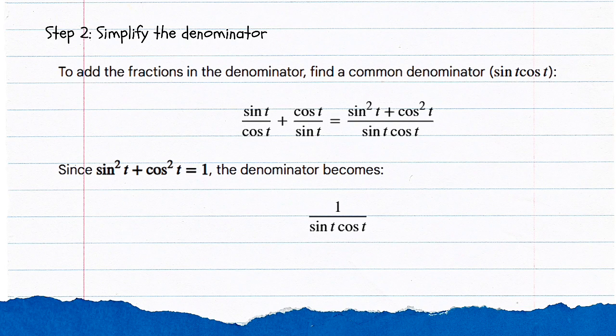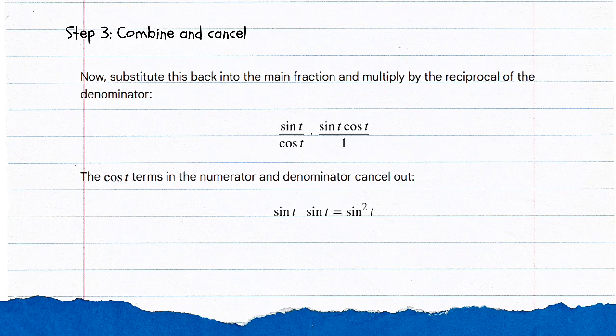That is the result when we cross multiply them. Since sine squared t plus cosine squared t is equal to 1, the denominator becomes 1 over sine t cosine t.